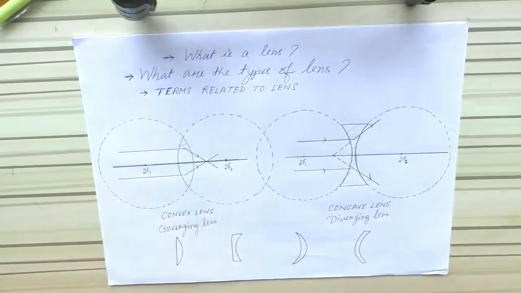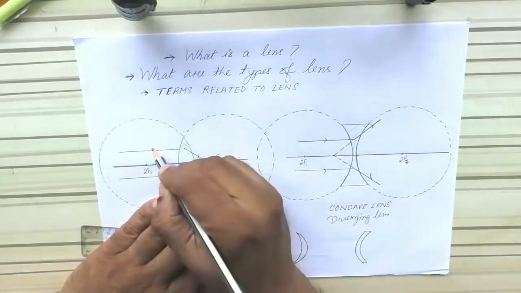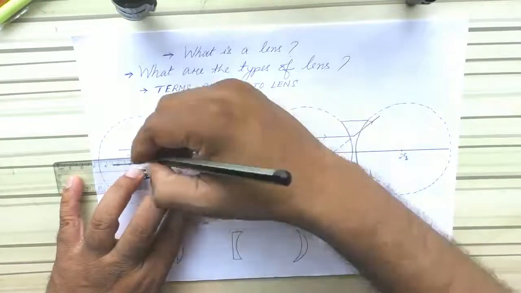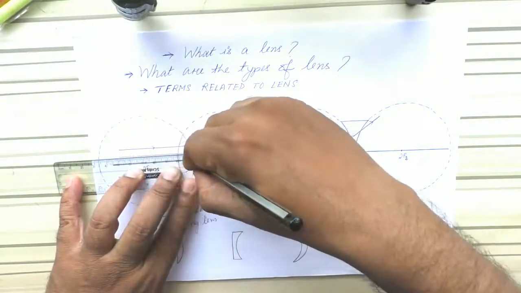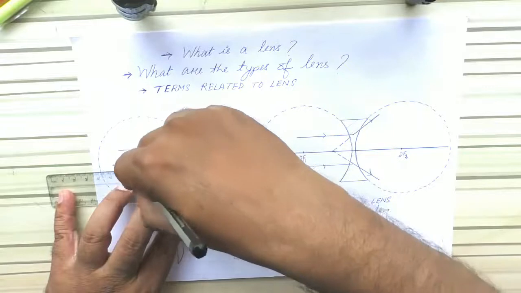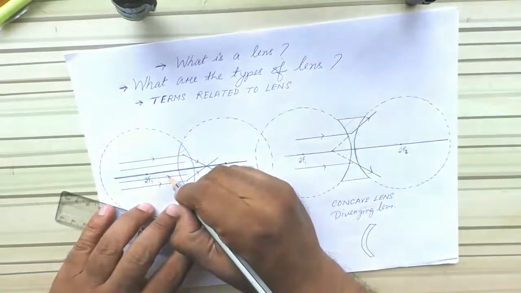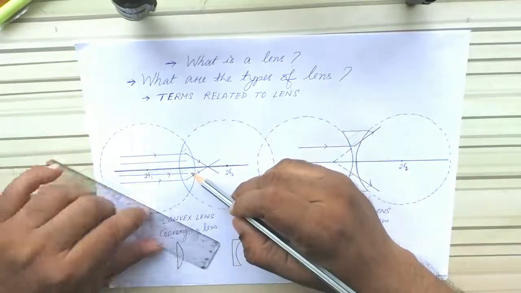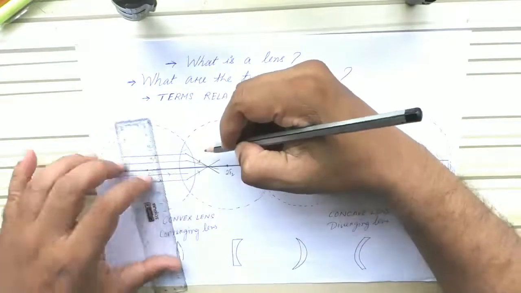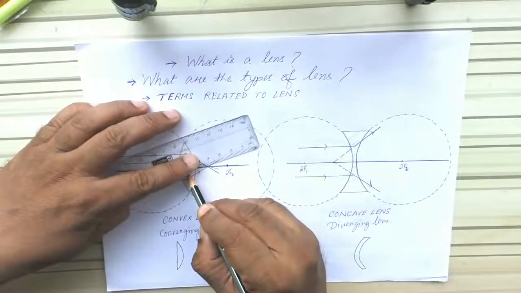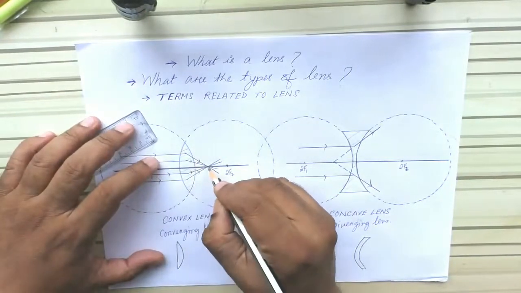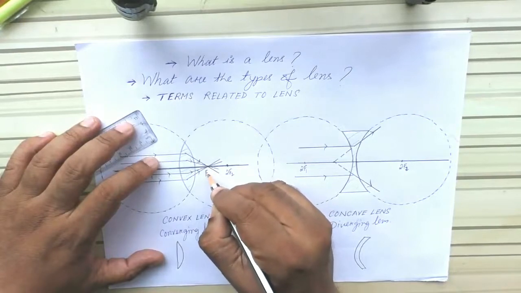I already told you, if I allow a parallel beam of light parallel to the principal axis to fall on this convex lens, after refraction these light rays always converge at a point on the principal axis, and this point is called principal focus.